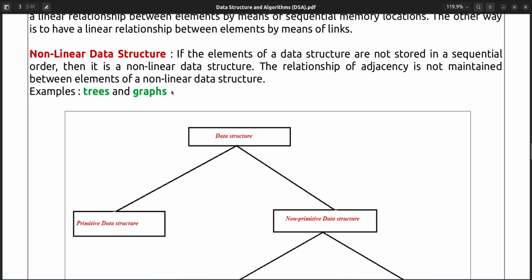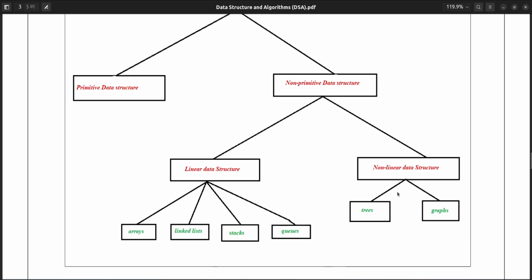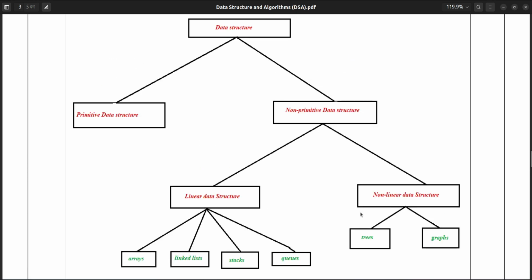From this diagram you can clearly understand what a data structure is. Data structure can be classified into two categories. One is primitive data structure.